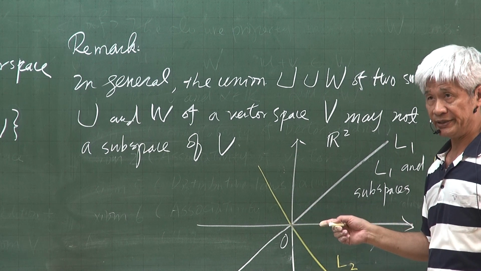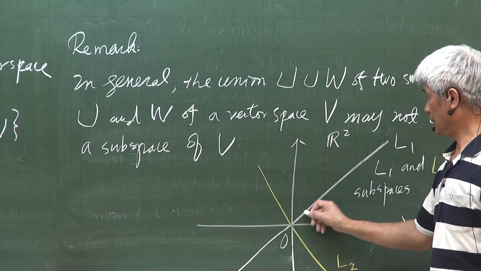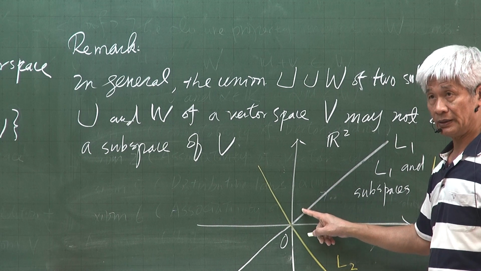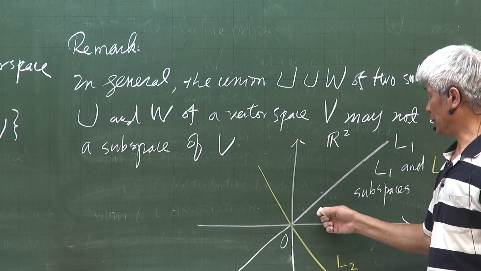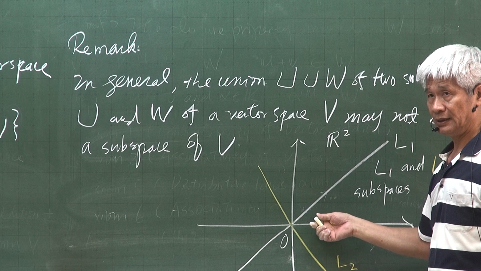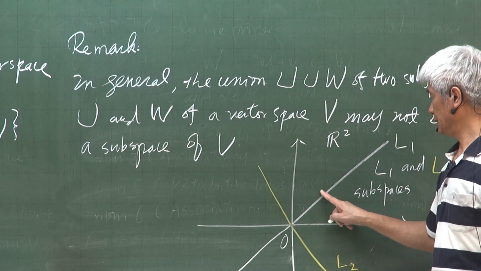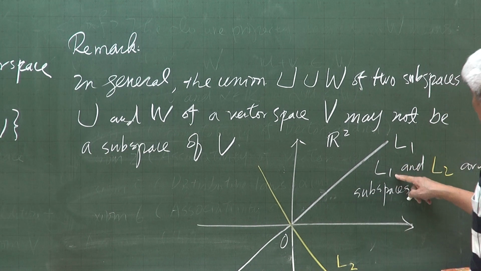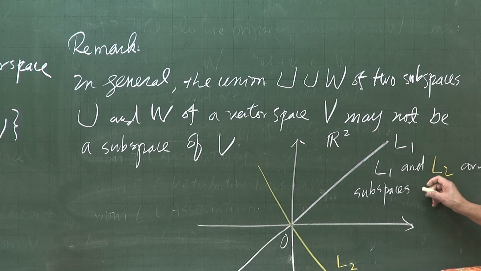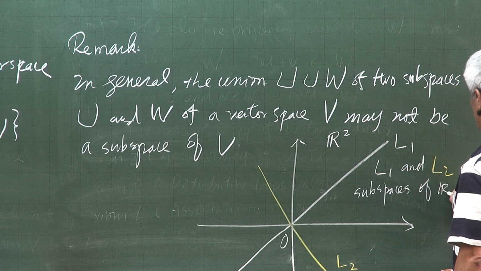And scalar multiplication also: if you have a vector and you multiply with a real number, you change the length only, right? So it's still on the line. So it's quite easy to know that these two lines are subspaces of R2.